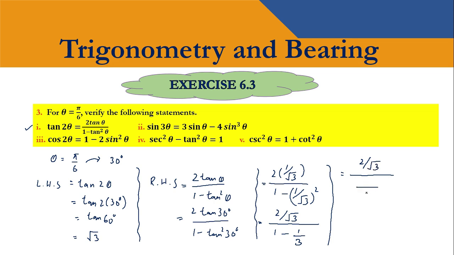Now taking the LCM, 3 minus 1 is 2, so 2 divided by under root 3, divided by 2 divided by 3. If this fraction is confusing you, you can write it as 2 divided by under root 3, then write the divide sign, and then write 2 divided by 3.